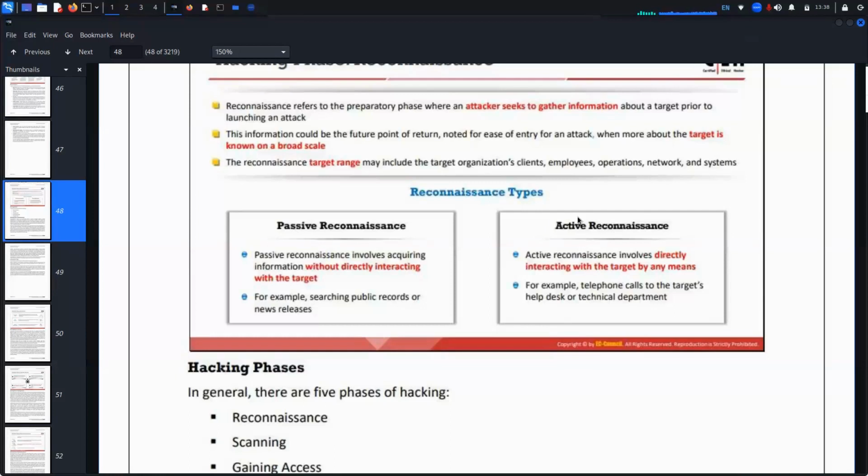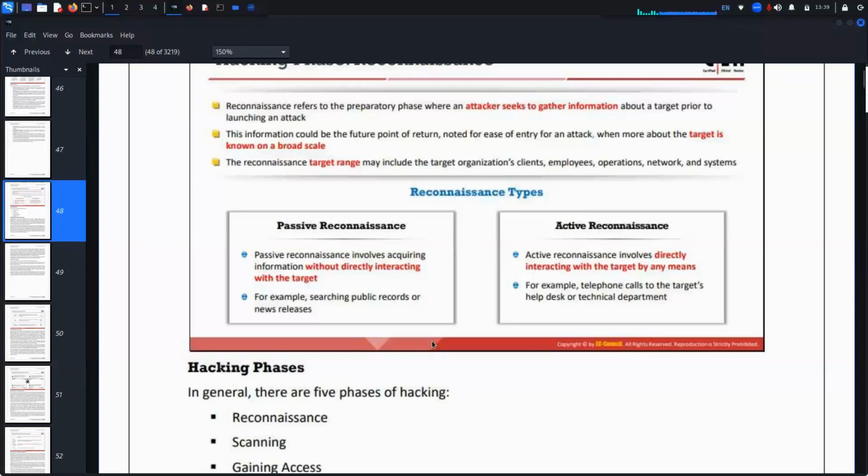Now, this is a preparatory phase where we gain information about the target. Passive reconnaissance involves acquiring information without directly interacting with the target. For example, searching public records and releases, going to the Wayback Machine to check how the website was built, going through builtwith.com to see which programming languages or content management system this website is using, and going to Whois to find domain name and IP address related information.